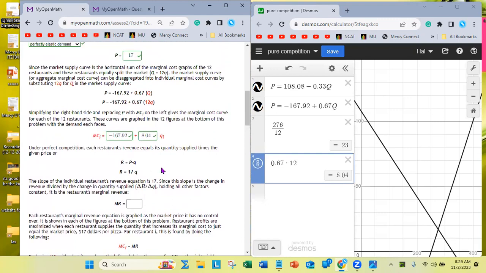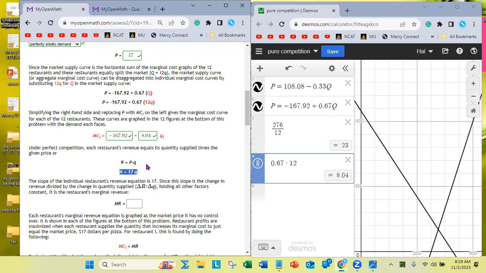Now, under perfect competition, each restaurant's revenue equals its quantity supplied, the little q, times the given price. So the capital P here is the market price. Little q is the share of firm i's market output. Because the firms in this market don't make the price, they take the price, the slope of the individual restaurant's revenue equation is 17.